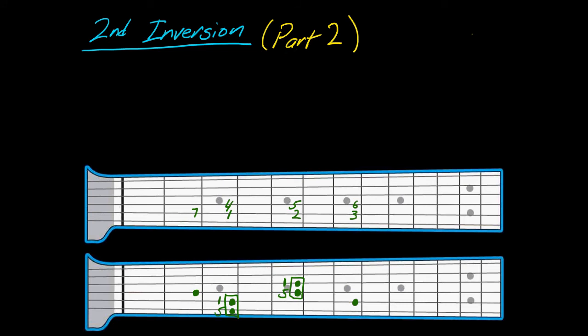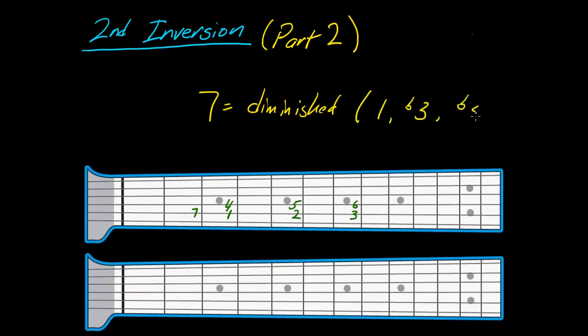Okay, now let me show you about this 7 chord, which is different. So for a 7th chord, 7 is diminished. And a diminished uses 1, flat 3, flat 5. Those are the notes of the diminished chord. Okay.